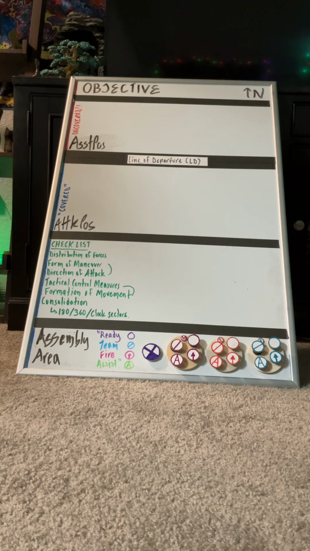But we're going to break down that schema of maneuver because it's probably one of the most complex parts of the operation order, and it's like the backbone of everything that you're doing. So I am not an expert.